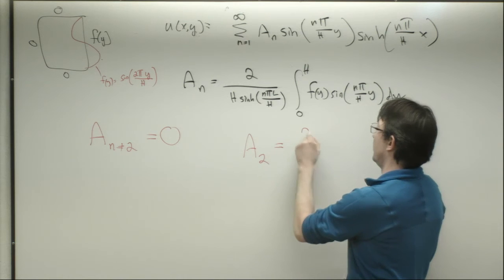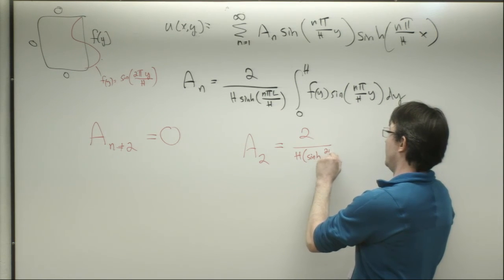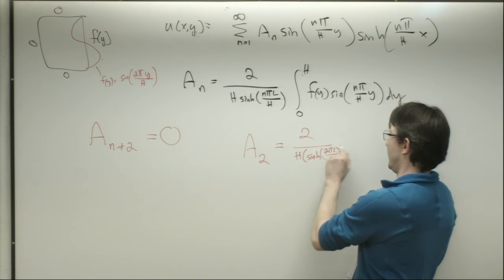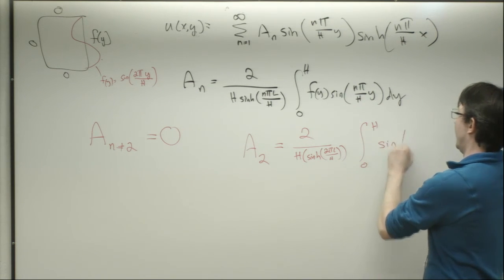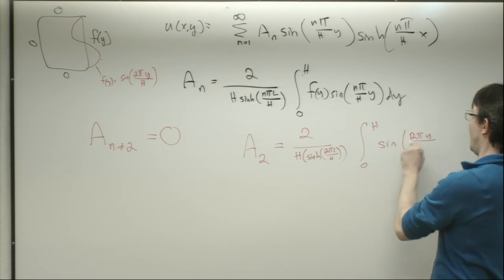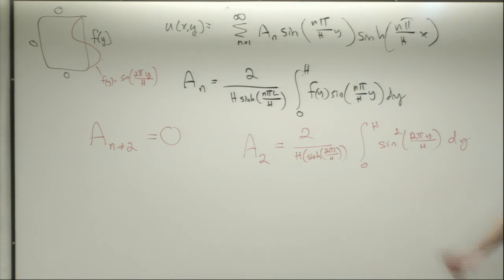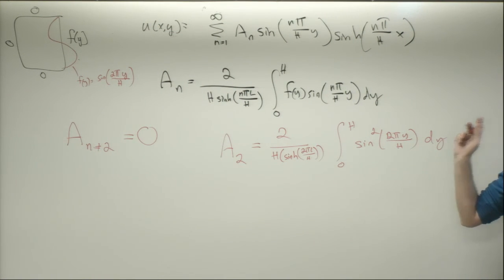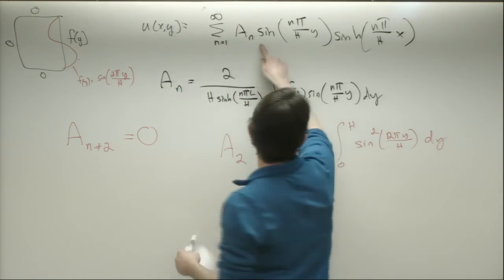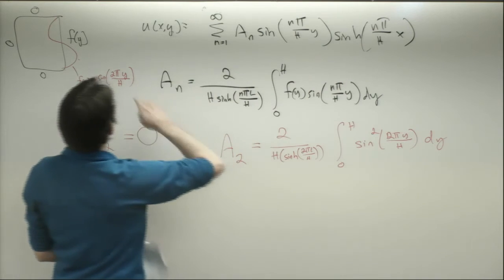It's equal to 2 over H sinh(2 pi L over H), which is just a number, times the integral from 0 to H of sine squared of 2 pi y over H, dy. I can integrate this in MATLAB, and I'll get a number out. Then I can multiply that number by this single frequency in space x and y, and I get my function u.